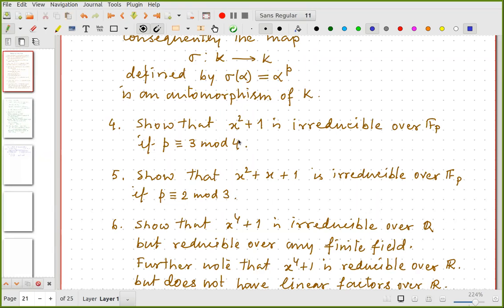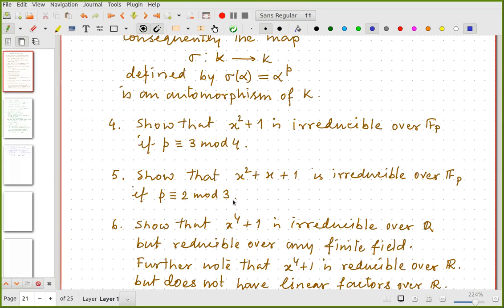So x square plus 1 is irreducible over Fp if p is of a certain form, that p is 3 mod 4. For example, 7 is the first prime in that form. And this is another example, where x square plus x plus 1 is irreducible over Fp when p is 2 mod 3.